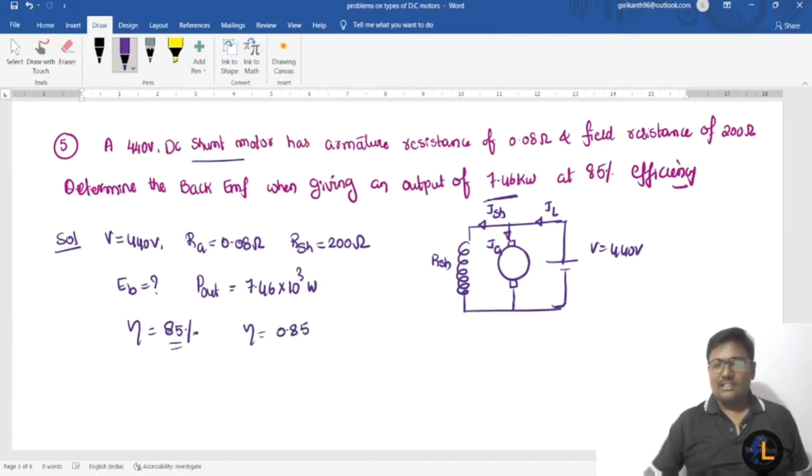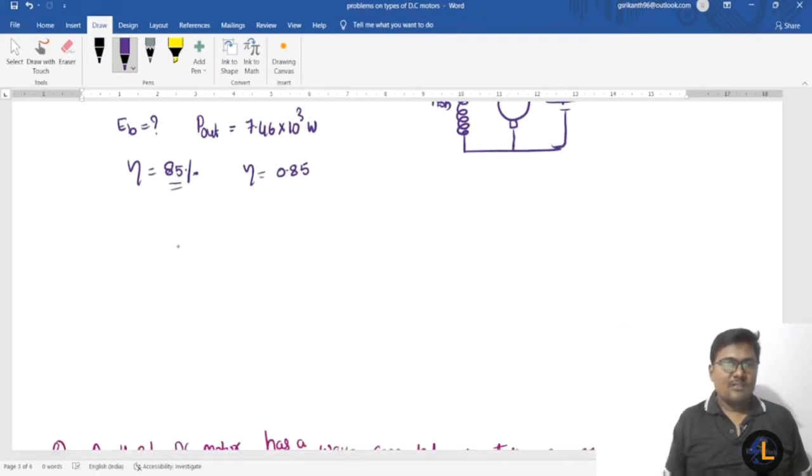Since it is giving an efficiency, you know that efficiency is equal to output power divided by input power.